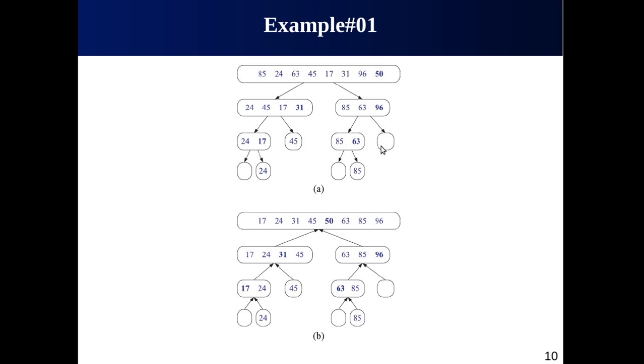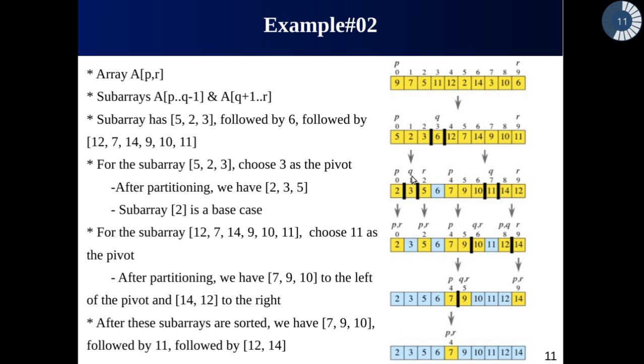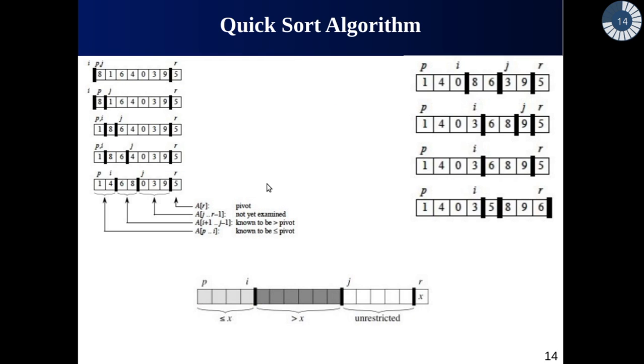Then in the second example we considered an array and applied the quicksort algorithm to the data. Then we saw the pseudocode of this algorithm, and a practical dry run of the example using the quicksort pseudocode.